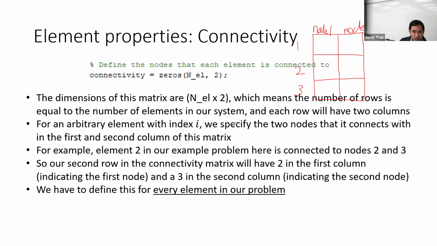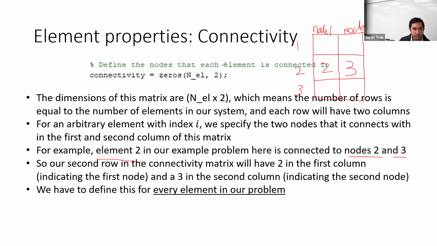I'll give you an example. Element 2 in our geometry is connected to nodes 2 and 3. So in the second row of our connectivity matrix, the first node that element 2 is connected to is 2, and the second node is 3.